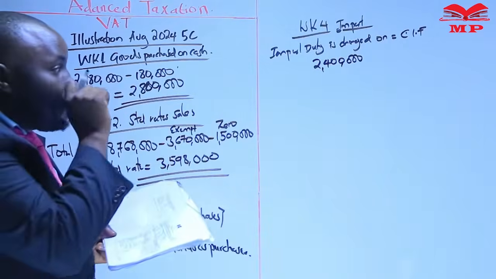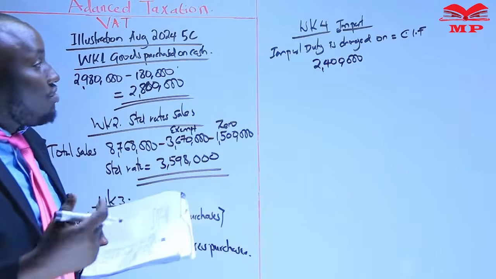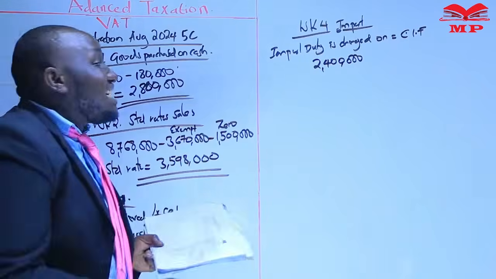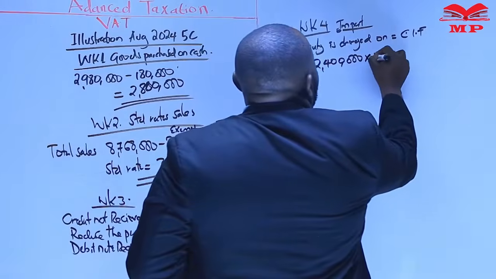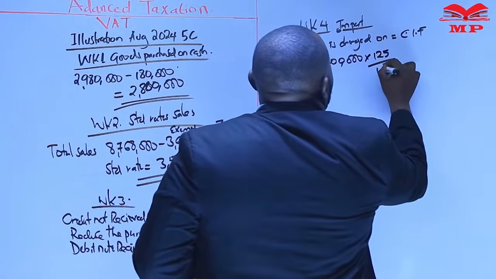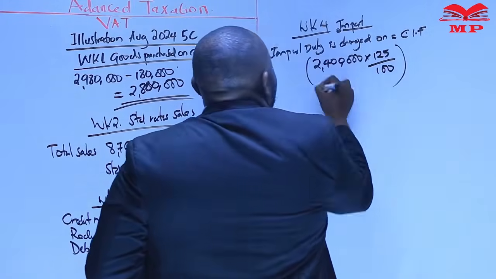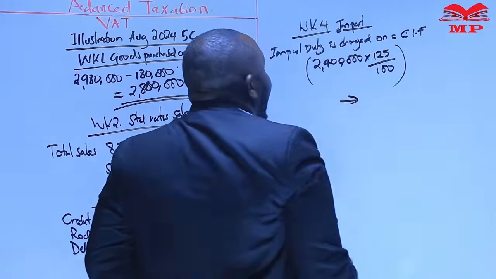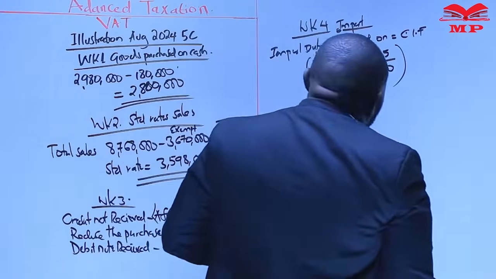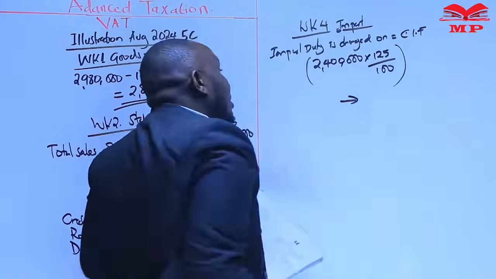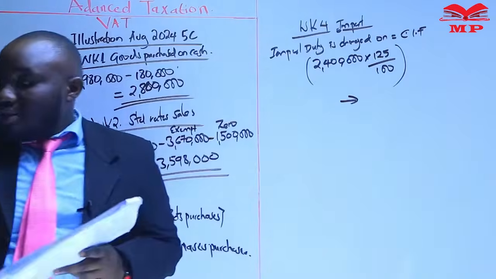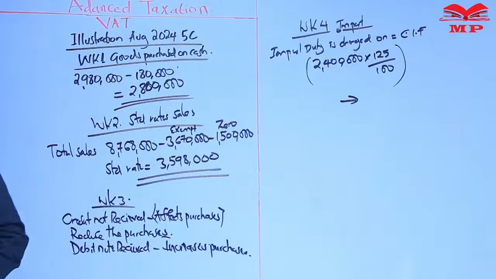To get the import duty at 25%, we can just multiply by 125 over 100, meaning the figure plus the import duty. We can test that with our calculator.